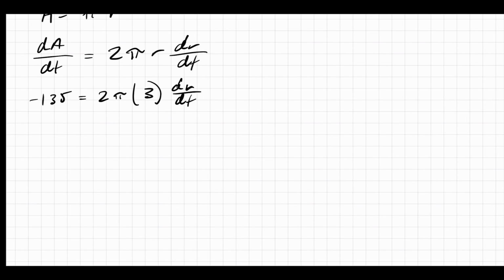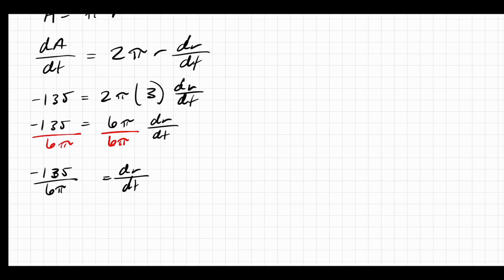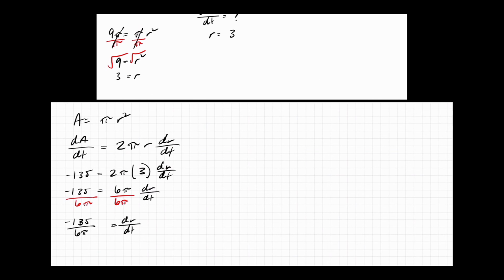That's okay, I can solve for it. It's the only thing I don't know. So I get negative 135 equals 6 pi dr/dt. Divide by 6 pi. Okay. That's dr/dt. So let me add that to my list of stuff that I know.